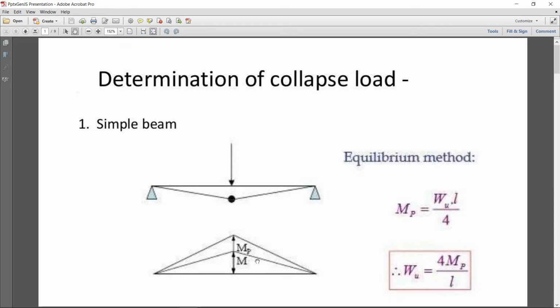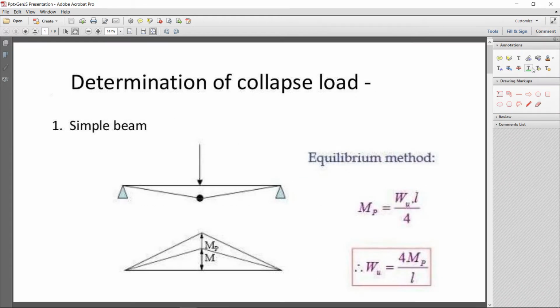Okay, and we know from the elastic analysis, if any point load P is acting at the center and the length of the beam is L, then the maximum moment is PL by 4. Okay, P is the applied load.